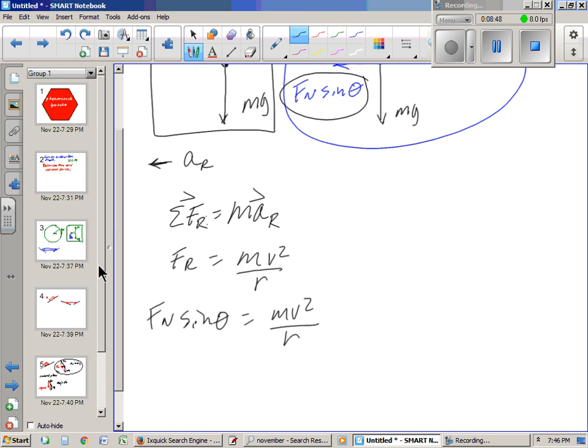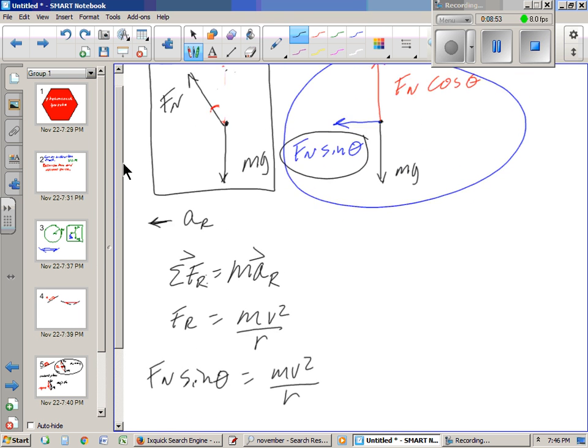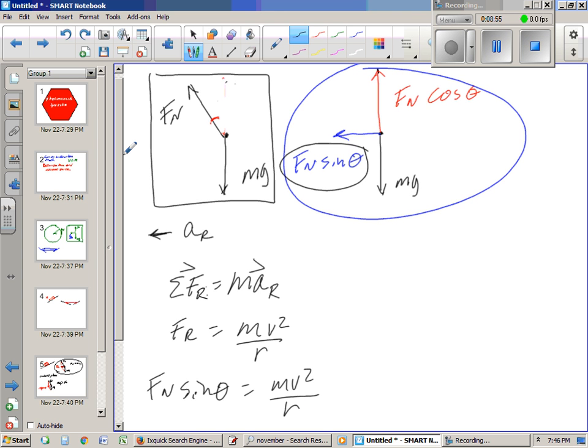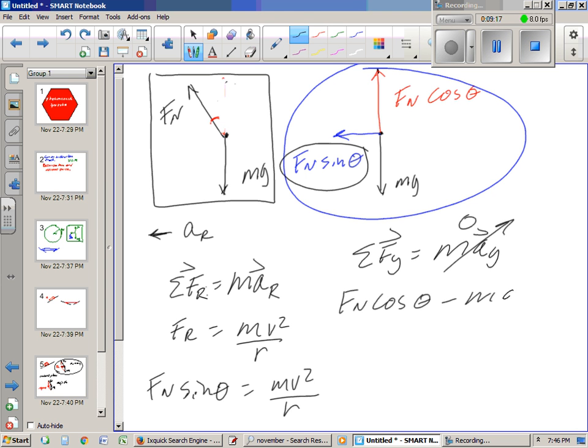So where are we going to get that value for Fn? Well, in the other direction. So let's take a look at the y direction. Sum of the forces in the y direction would be equal to ma in the y direction. And of course, you don't want the car to accelerate up or down, so this acceleration would go to 0. What's left then is Fn cosine theta minus mg equals 0.